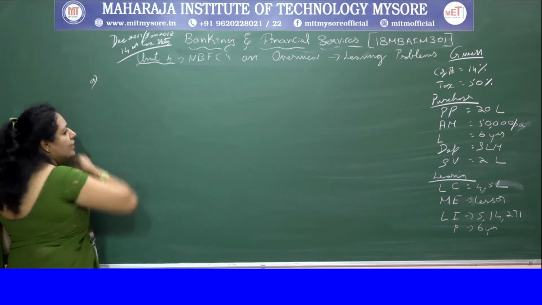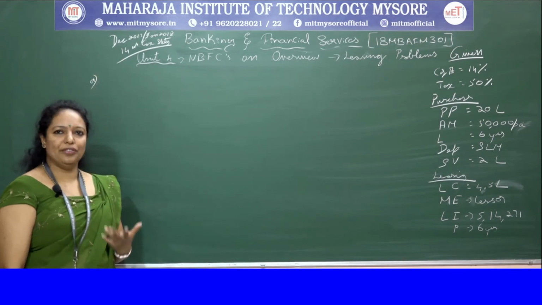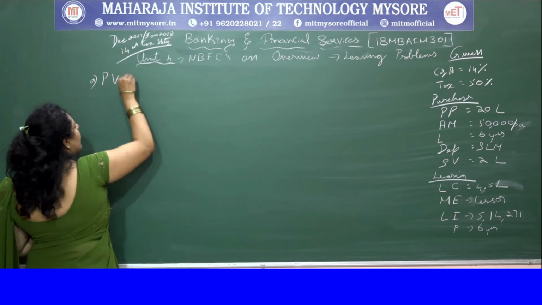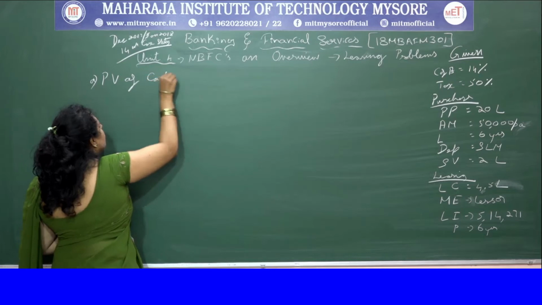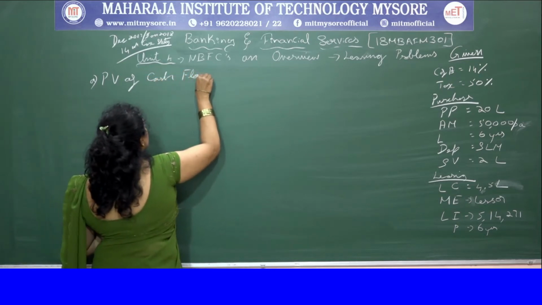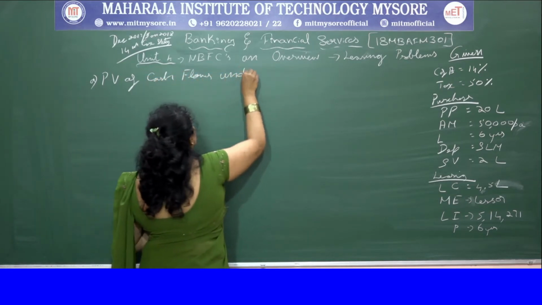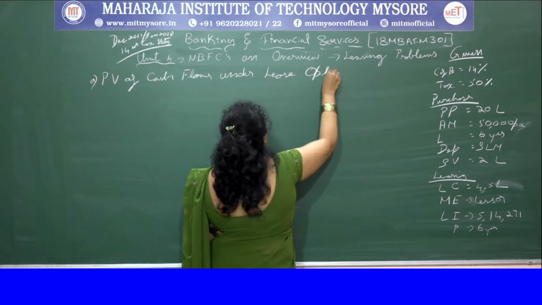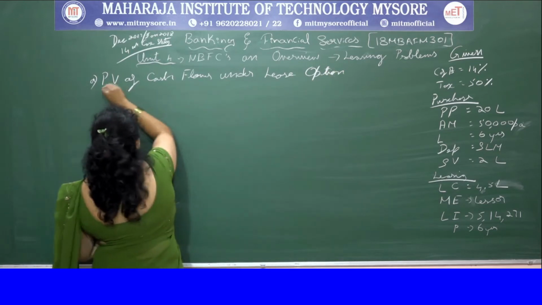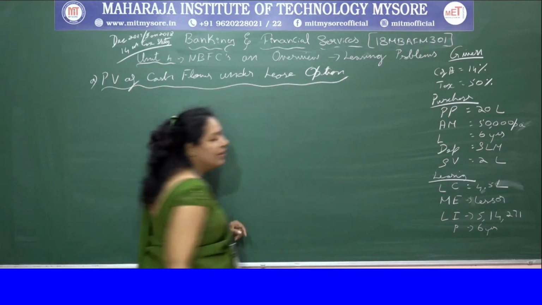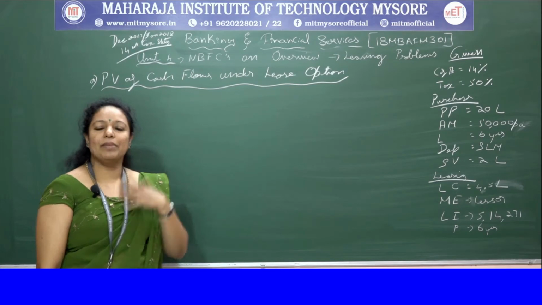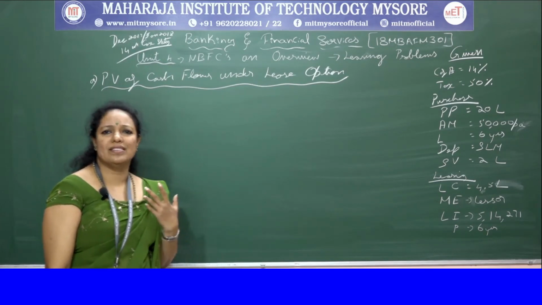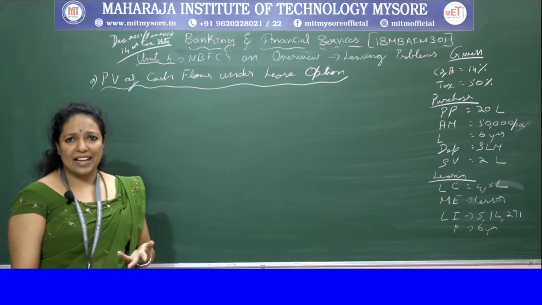The first option is the present value of cash flows under the lease option. Okay, so this is the first one, and the same kind of tables we are going to put: year, lease payments or lease rentals, tax shield.